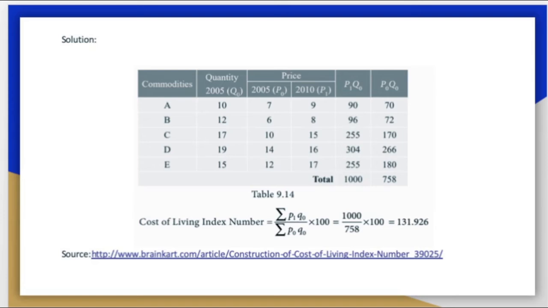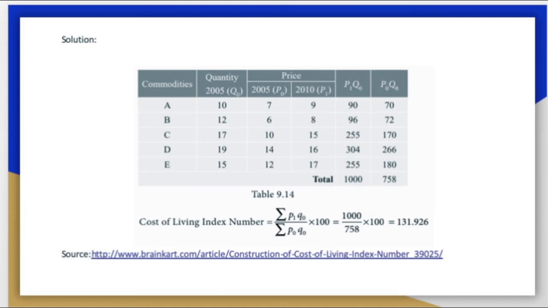Secondly, the price for the base year and quantity for the base year. After multiplying those two factors, we obtain the following figures: 70, 72, 170, 266, 180, and in total 758. And the total for P1 Q naught is 1000.